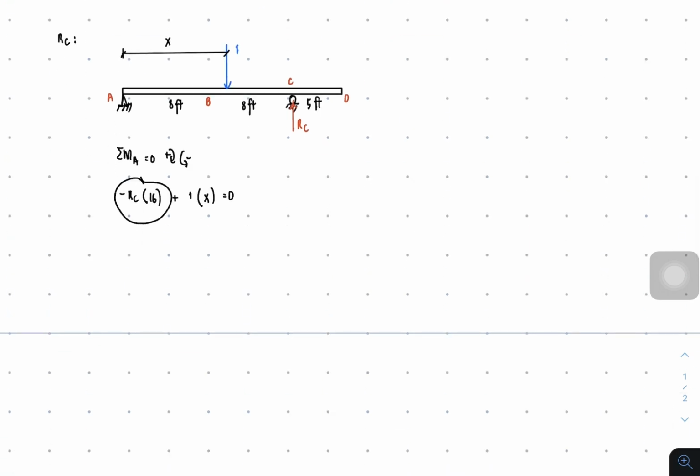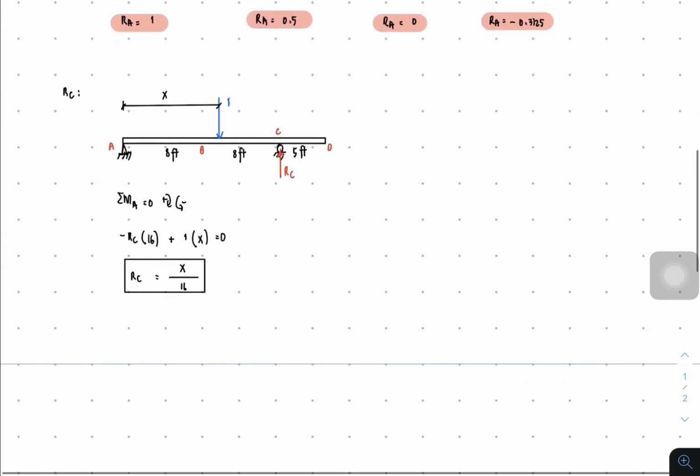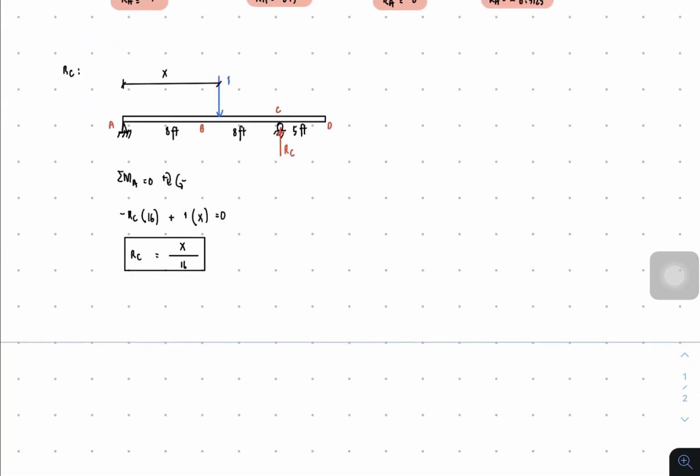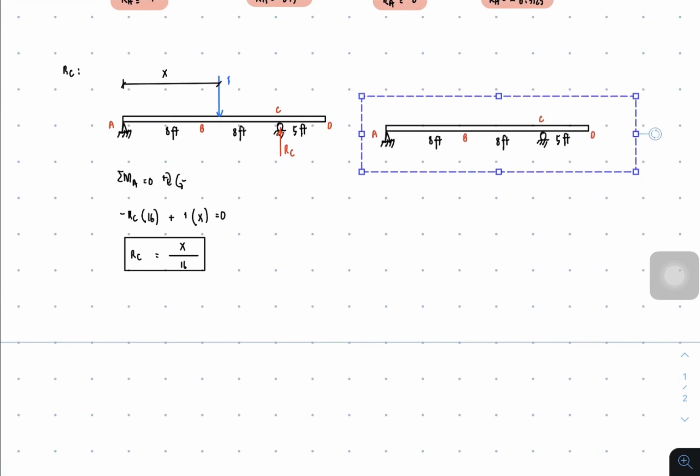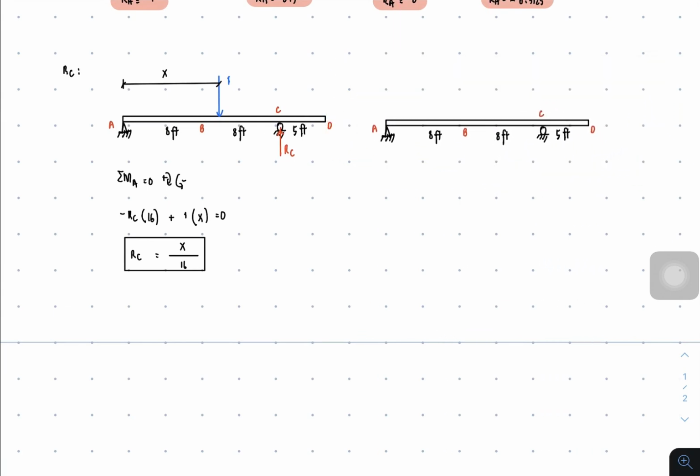So transposing this to the other side, it will become positive, and it will now be x over 16. So this is the equation of RC.